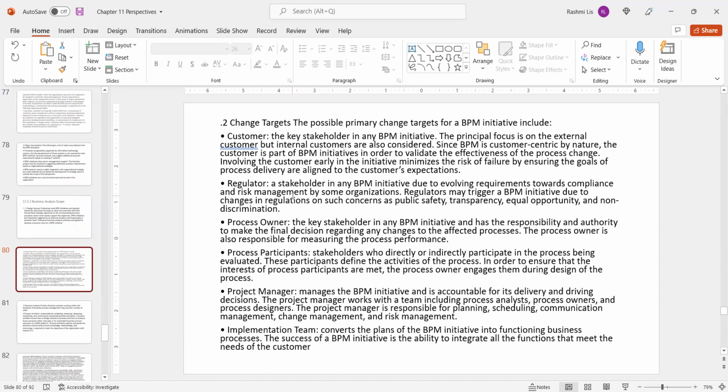Process participants, stakeholders who directly or indirectly participate in the process being evaluated. These participants define the activities of the processes. Project manager manages the BPM initiative and is accountable for its delivery and driving decisions. Implementation team converts the plans of the BPM initiative into functioning business processes.